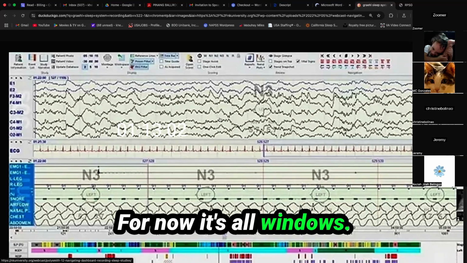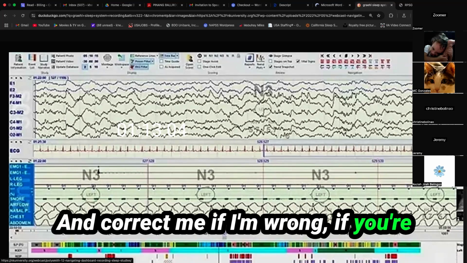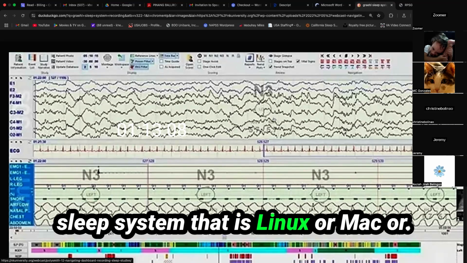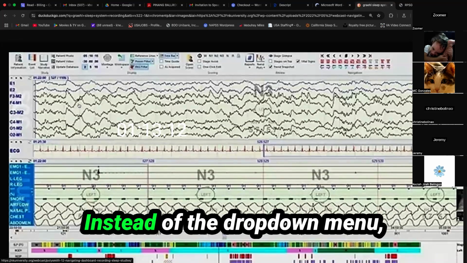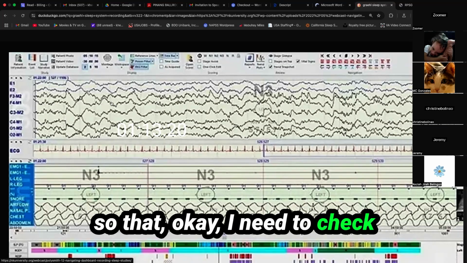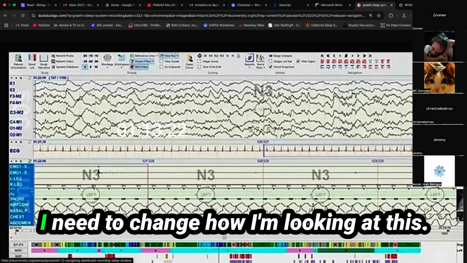It's all Windows. And correct me if I'm wrong, if you're working with a sleep system that is Linux or Mac. But with all of them, instead of the drop-down menu, you get familiarized with icons so that, okay, I need to check impedance, click here. Or I need to change how I'm looking at this.